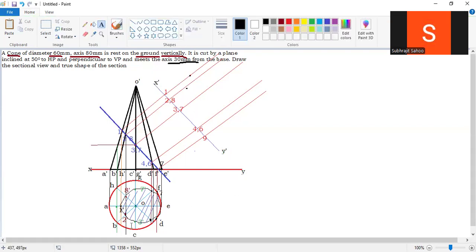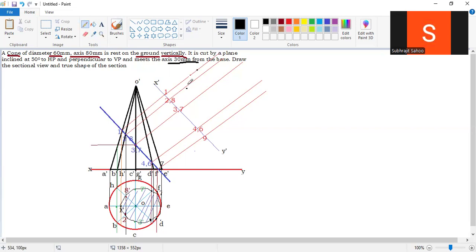Observe. The measurements are from here to here, different: XY to 1 dash measure, and mark here. This is 1 dash. Next, XY to 8 dash measure. X dash to 8 dash I measure. Sir, I marked here, right? This 1 dash point, take a little more distance, because see, here to here it looks like a long distance, so I'm taking it here.